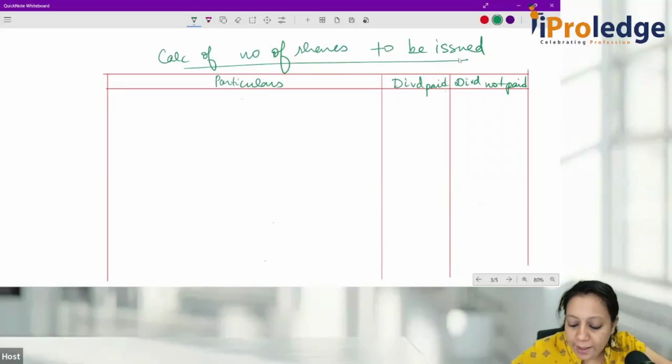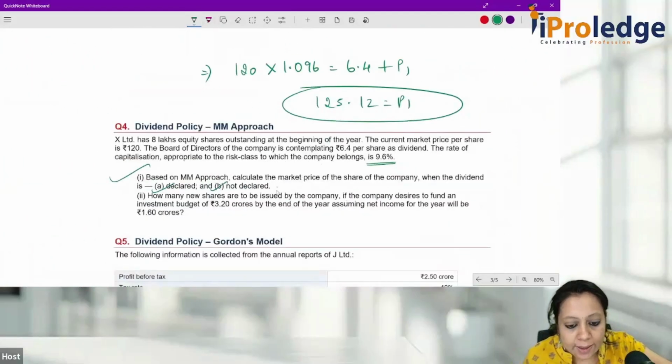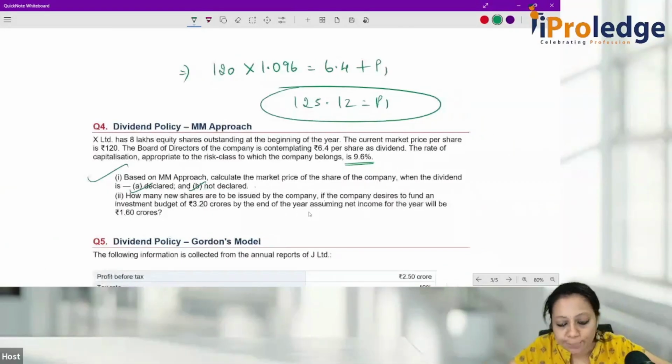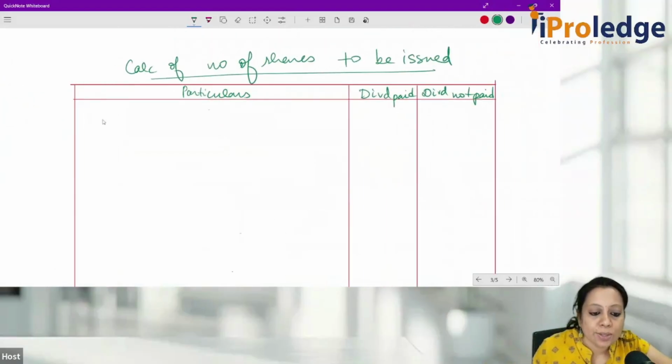They have just said how many new shares are to be issued in the question. You all can see that. They have never said if the company has to pay the dividend or not. So we will do both. In the exam also, if it is not given, please do both. Now we will proceed to the first one.